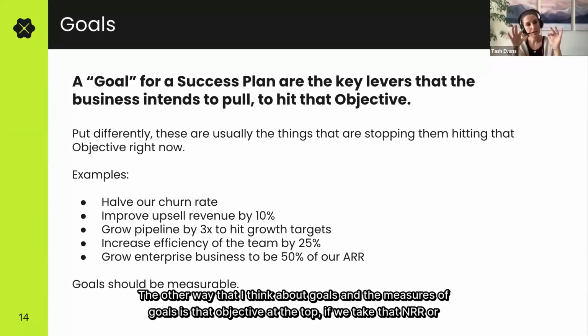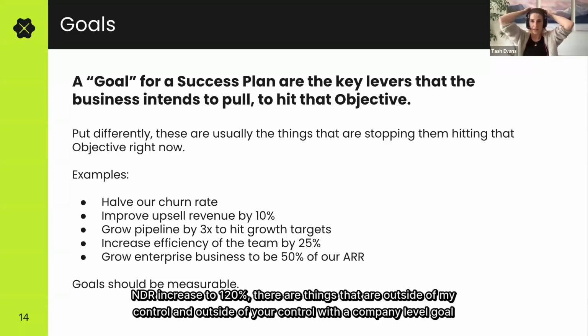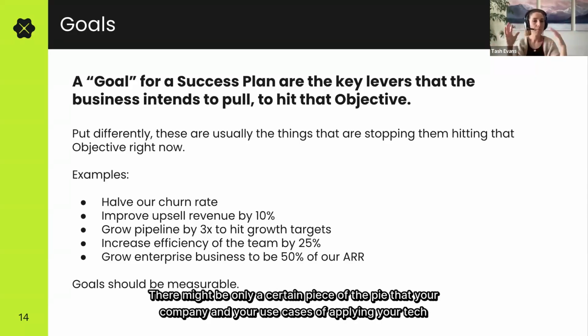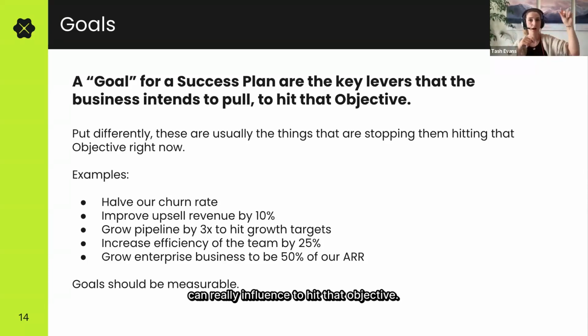The other way that I think about goals and the measures of goals is that objective at the top. If we take that NRR or NDR increase to 120%, there are things that are outside of my control and outside of your control with a company level goal like that. There might be only a certain piece of the pie that your company and your use cases of applying your tech can really influence to hit that objective.